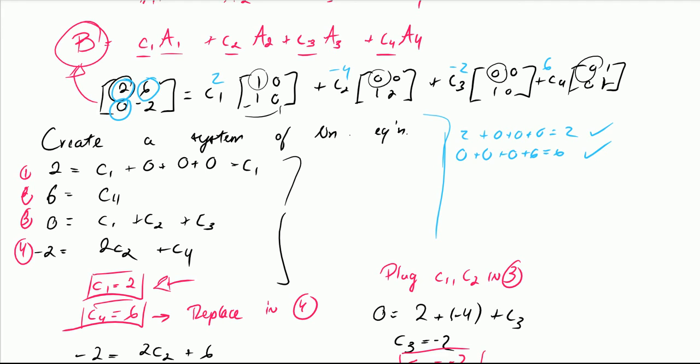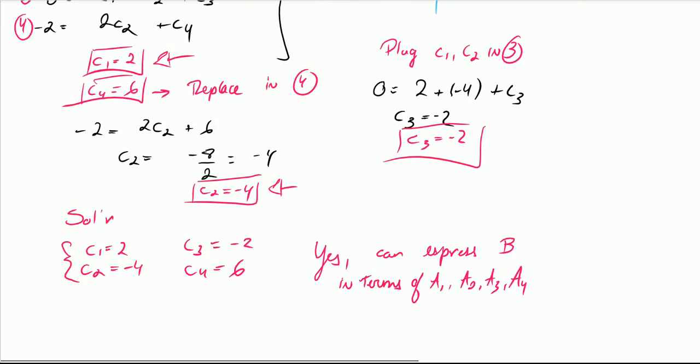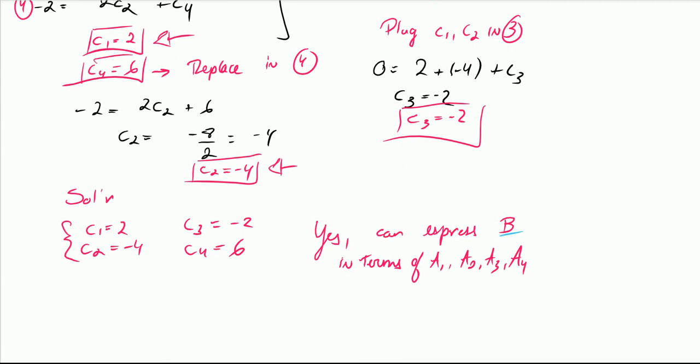Then this entry, 2 times 1 minus 4 times 1 minus 2 times 1 plus 0. So these cancel and I get 0. That's also good. And finally, 0 minus 8 plus 0 plus 6, that's equal to minus 2, and that's what I have there. So that's also good. So I've shown that I can express B in terms of A1, A2, A3, A4 using these scalars.